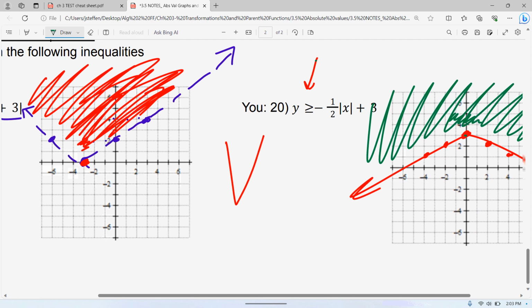Since above the vertex was outside, that's why one of them was outside. Above the vertex on the other one was inside, that's why we shaded inside. But there's not a good, quick, and easy way for me to tell you how to know whether it's inside or outside your absolute value, other than making sure it's above or below. Okay.